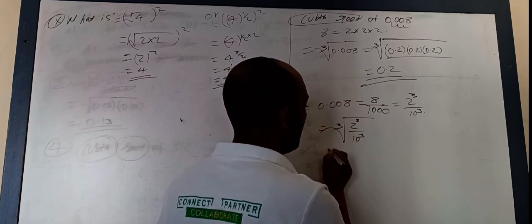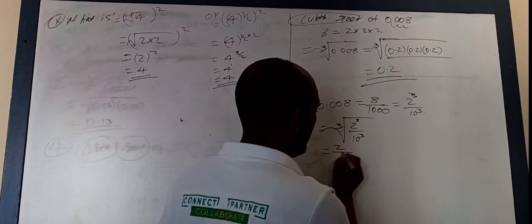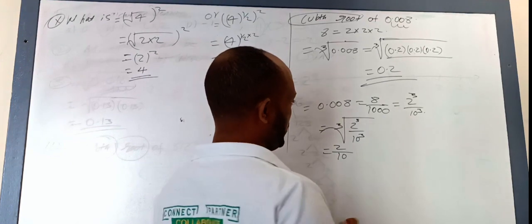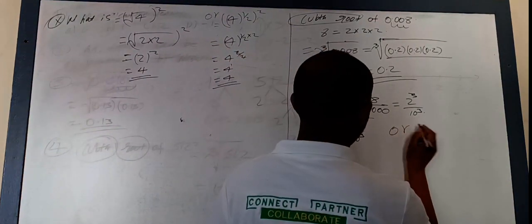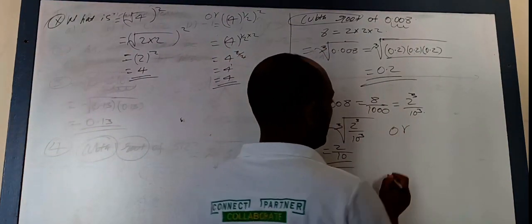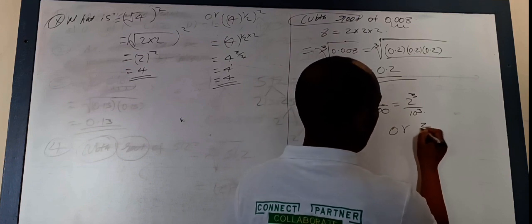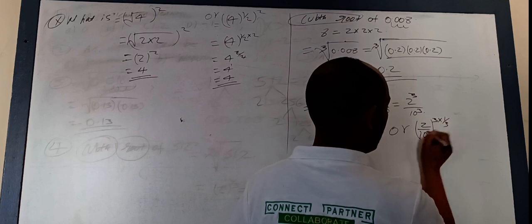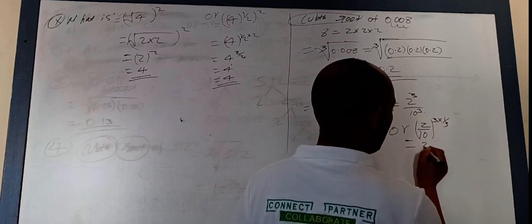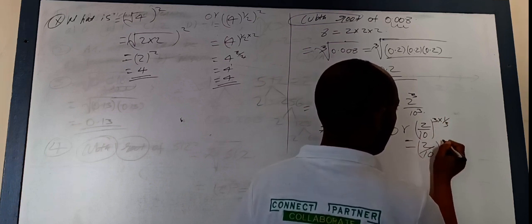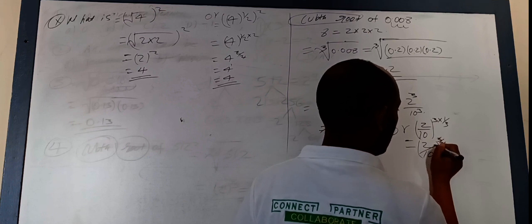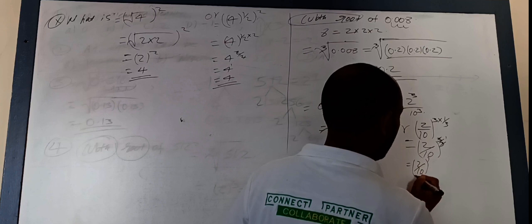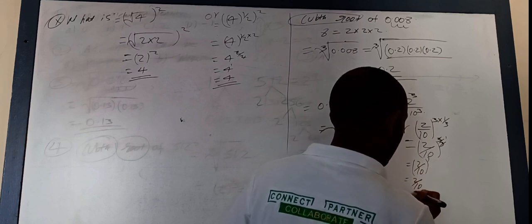So we can take out 2 over 10 in this way, or 2 over 10 to the power of 3 times 1 over 3, which is equal to 2 over 10 to the power of 3 over 3, which is equal to 1. So 2 over 10 to the power of 1, which is equal to 2 over 10.